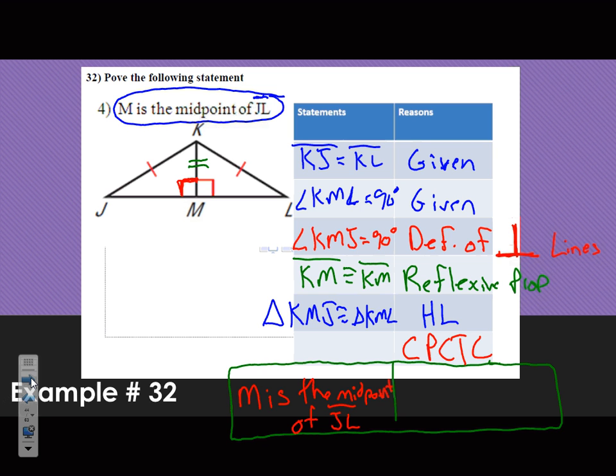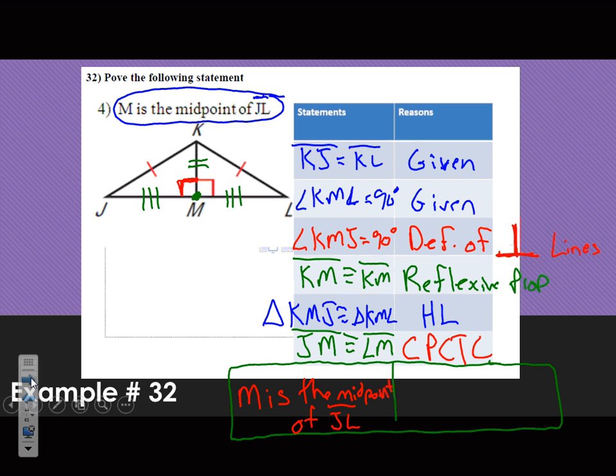Now, in order for us to know that it's going to be the midpoint, we need to say, what things are congruent if M is the midpoint? Well, if that's the midpoint, we know that JM is going to be congruent to LM. So right here, we're going to put segment JM is congruent to segment LM. Now, for our reason at the end, M is the midpoint of JL. Since we're working backwards, we want to prove it instead of using it as a reason.